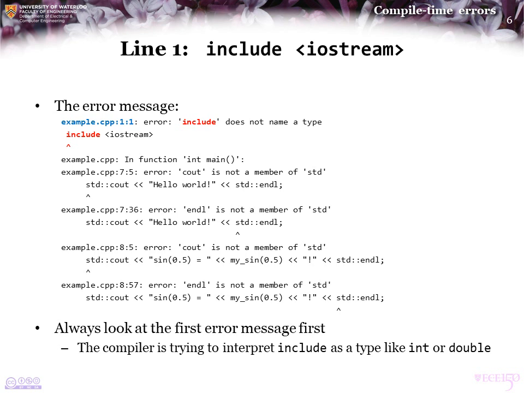The only thing that you could actually put here if you had an identifier is a type name, such as int or double. But include is not a type, so that's what it's indicating. Every other error is a consequence of not including the IOStream library. So if you fix that one mistake, all the other error messages disappear.